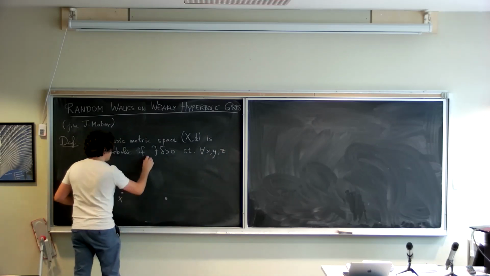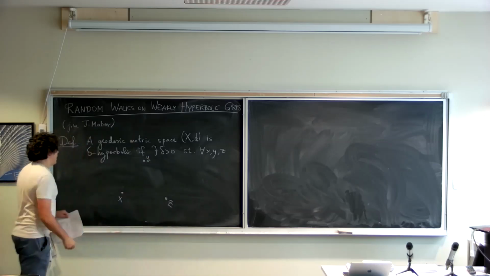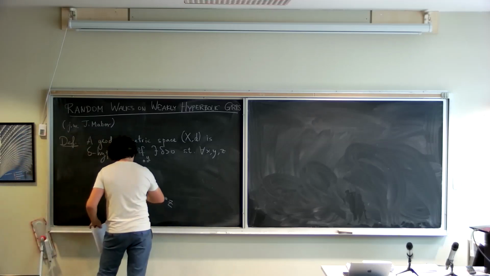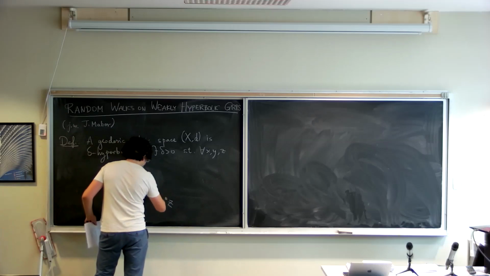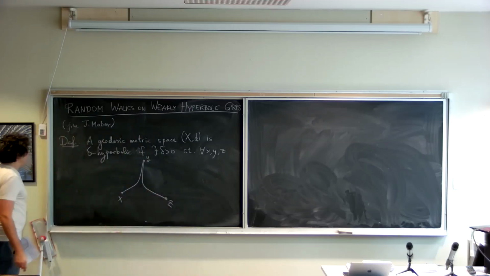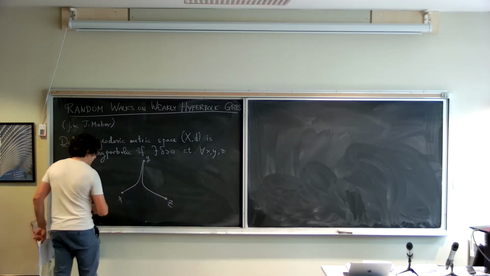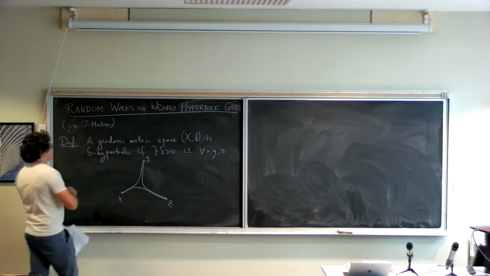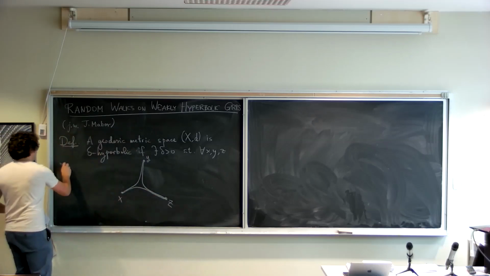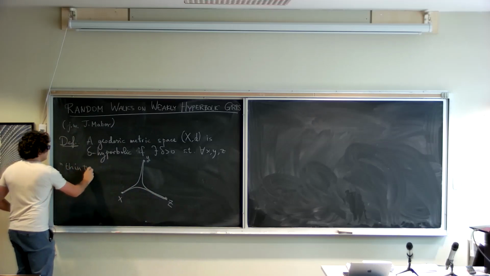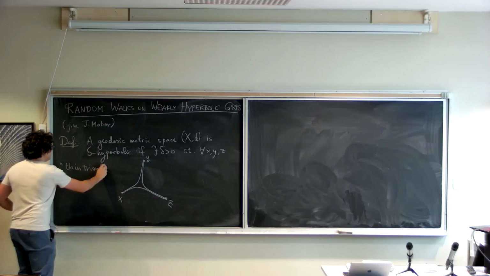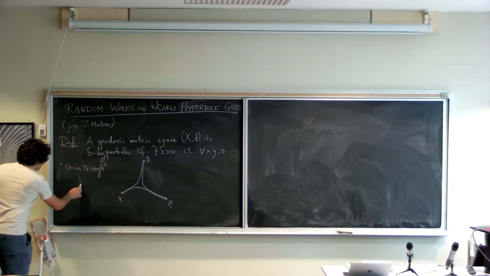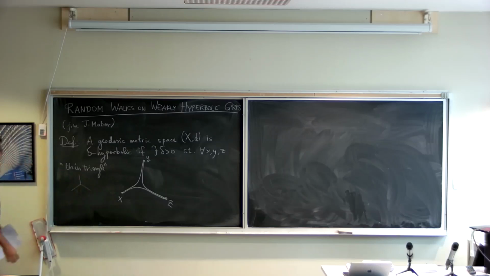You draw the geodesics forming this triangle: the geodesic from x to y, the geodesic from y to z, and then the geodesic from x to z. The space is hyperbolic if the triangle looks like this. This we call the thin triangle. It looks like a tripod in a way. So how do we make it precise?